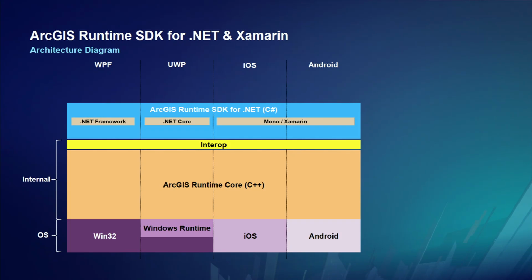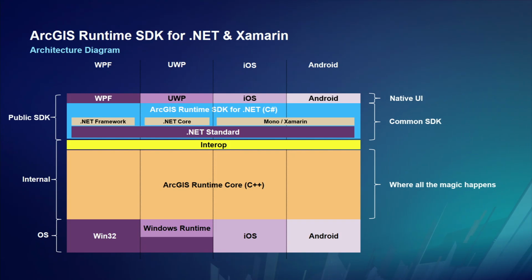That uses different .NET technologies, different .NET implementations on each platform. So the .NET Framework for WPF, .NET Core for UWP, and then the Mono .NET Framework for iOS and Android. But actually with .NET Standard 2.0, which we now support as of the latest release, 100.3, that means we can rely on the same set of .NET APIs on each of those platforms to provide that functionality.